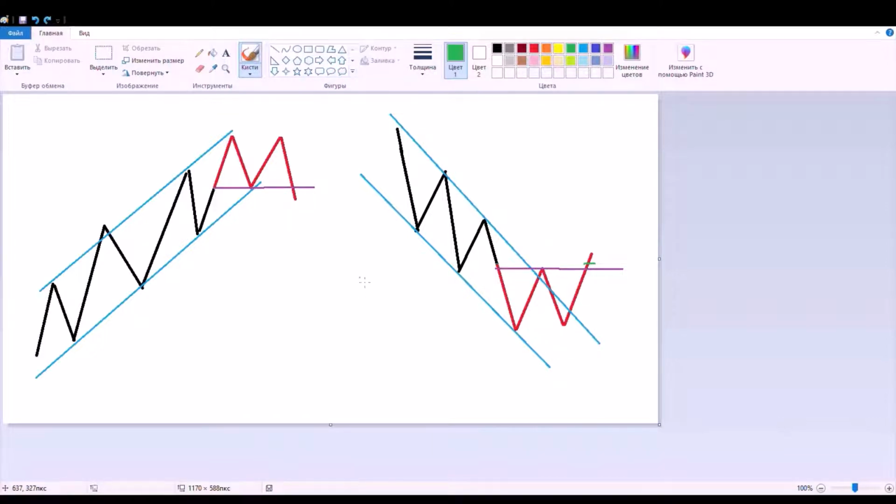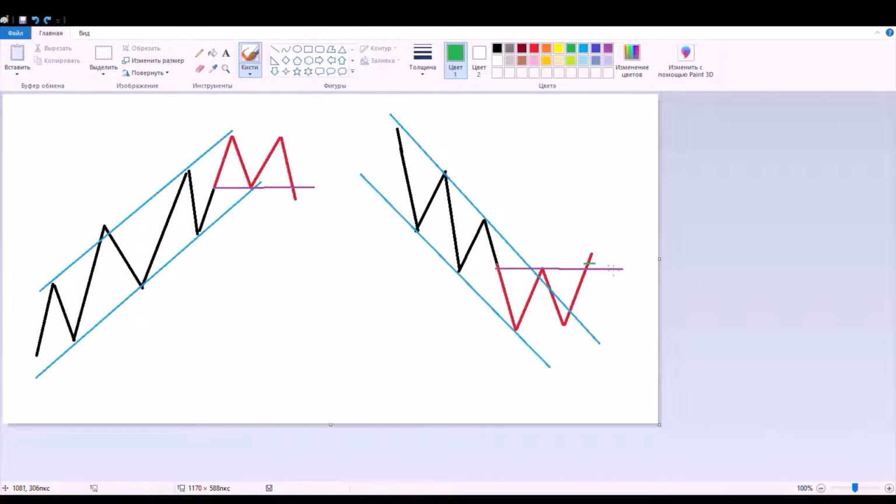Let's repeat again. After we see the break of the neckline, we can expect such a move equal to the height of the whole pattern. You take the height, you apply it from the neckline, and you take your profit somewhere here. The same with the double bottom pattern.